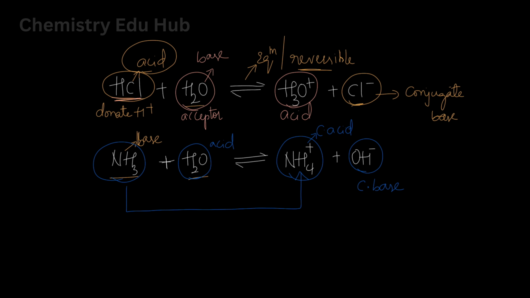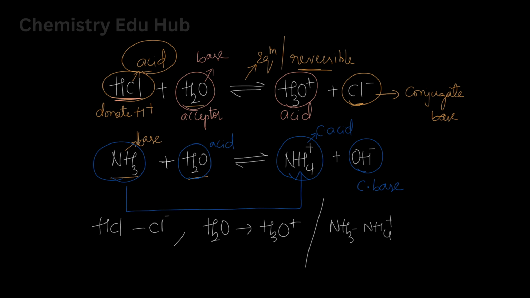So you can observe there are two different sets of molecules formed in each reaction. HCl turning into Cl minus and H2O turning into H3O plus in the first reaction. Similarly, ammonia turning into ammonium plus ion and H2O turning into OH minus ion.